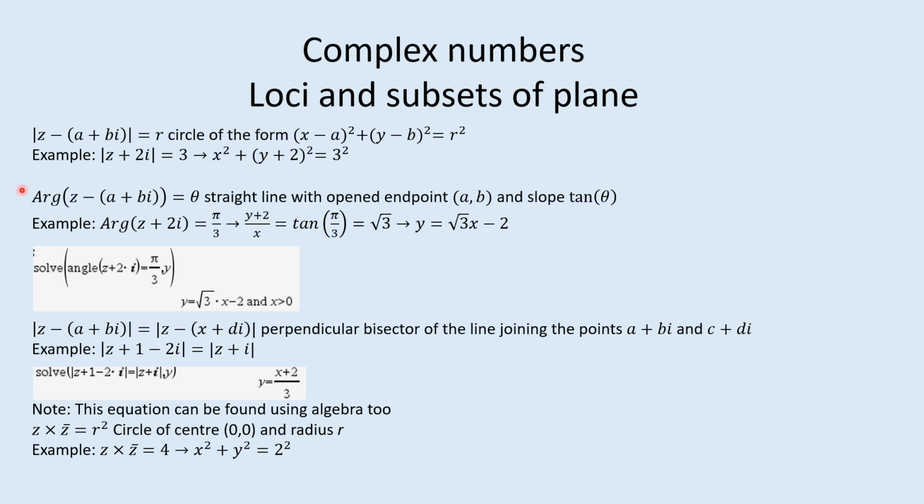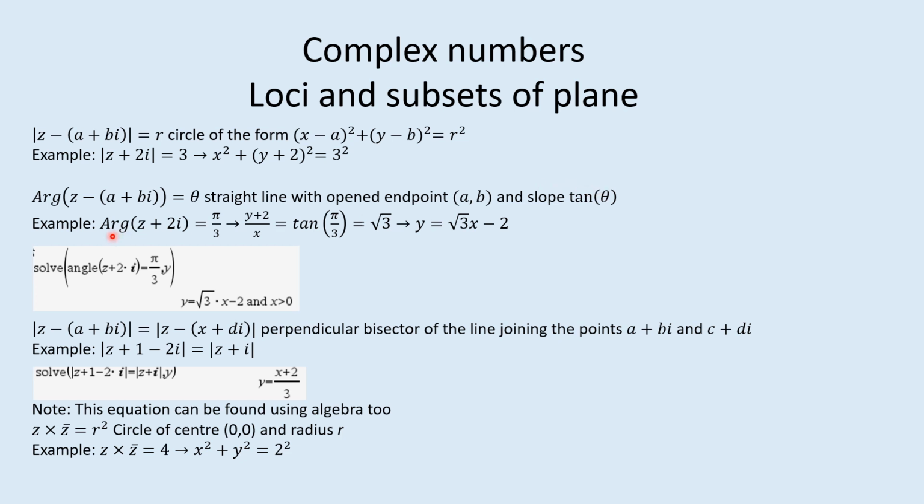The next equation is given by argument. Argument just means the angle. So if you got the difference between the complex number z and another complex number a plus bi, and the argument of that is equal to theta, then the result will be a straight line with endpoint (a, b). Keep in mind that this endpoint is open, and the slope is tan theta.